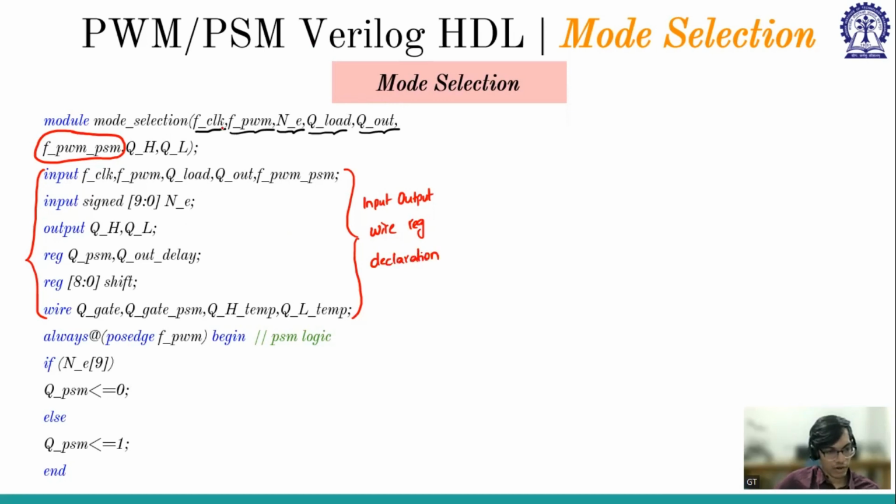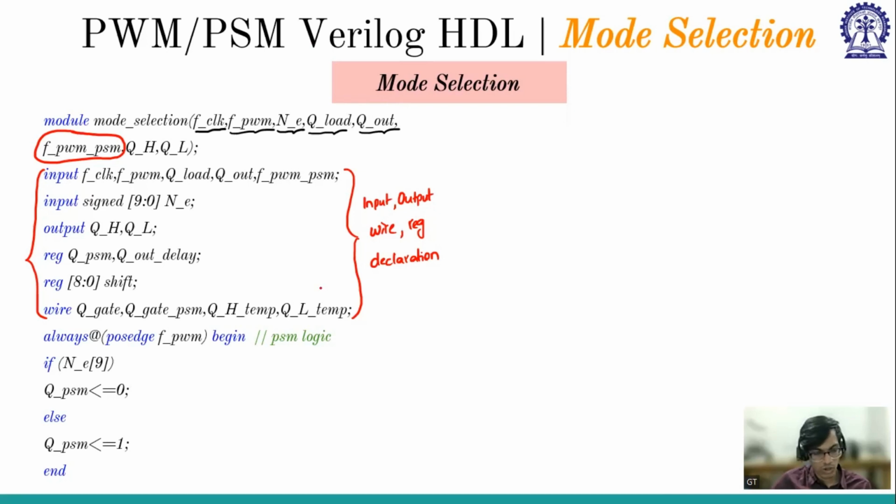It is again coming from that main function: whatever input and output ports we have mentioned should be declared with the sign, if it is signed, or if it is a vector, what is the size; all these things we have discussed. And then followed by the registers as well as wires that will be used in the code. So till now we have initialized the inputs, outputs, as well as wires and registers.